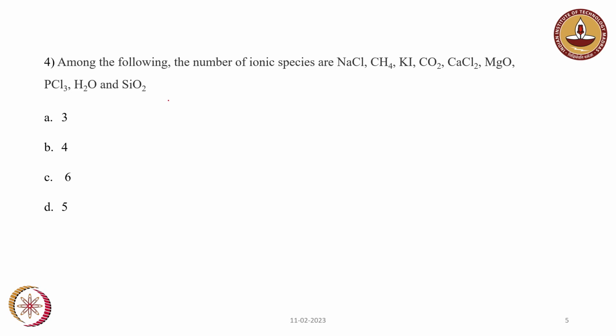If the electronegativity difference is above 1.7, those elements will form ionic compounds. The options given: A, among these only 3 are ionic; B, 4 are ionic; C, 6 of them are ionic compounds; and D, 5 of them are ionic compounds.